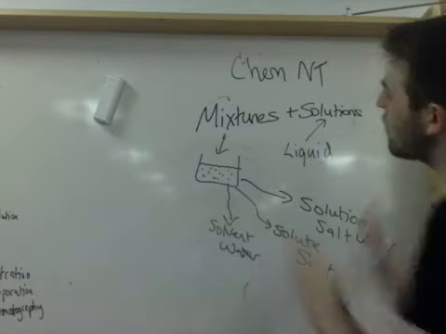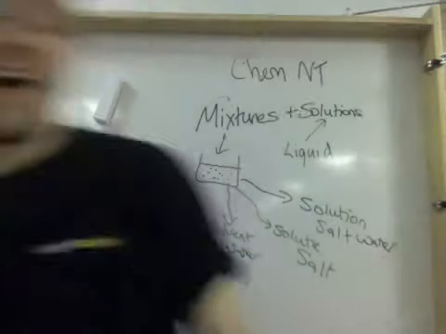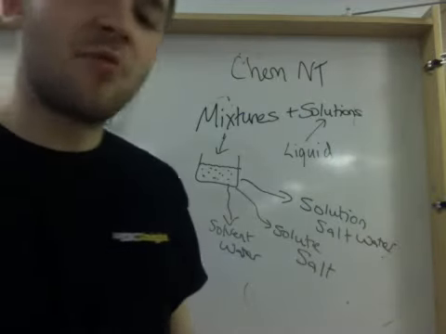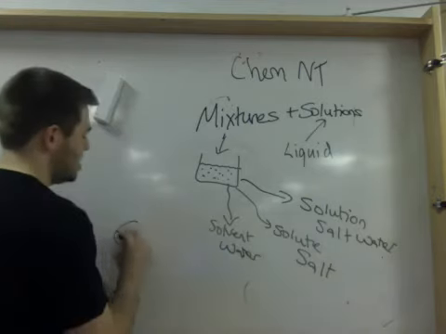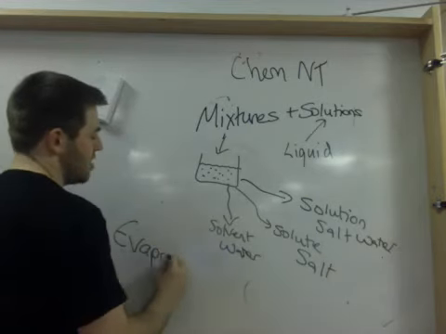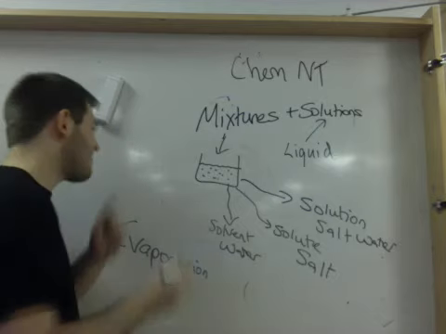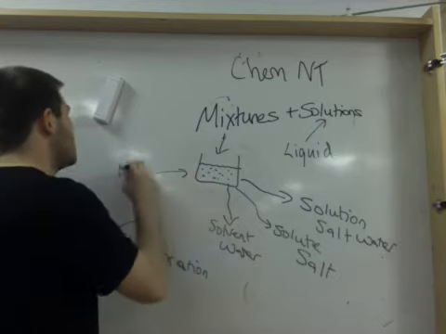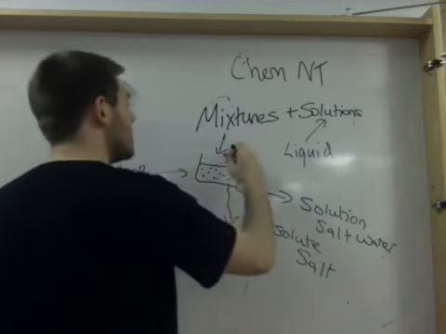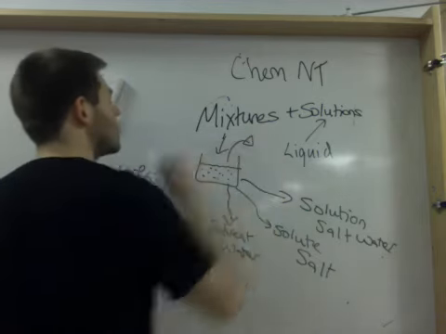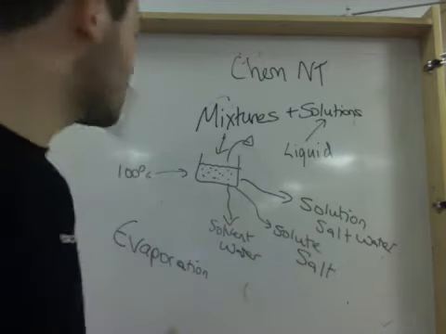And then there are different things I can do to make sure that I best separate them. The easiest one is usually evaporation. If I get this here to 100 degrees Celsius, that water is going to pop out from a liquid and turn to a gas.